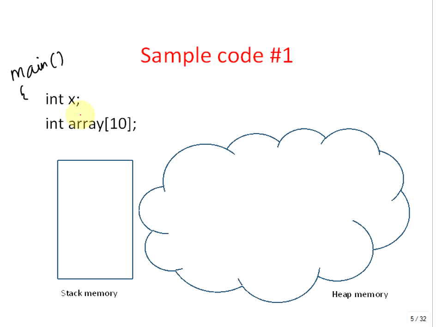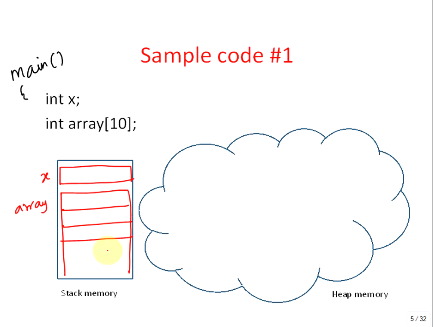You can see these are really local variables for main. So they are going to be local variables, right? Local variables are in the stack memory. So it's going to be 4 bytes of memory typically, and that is for x. Then you have an array of 10 integers, 0, 1, 2, and so on.